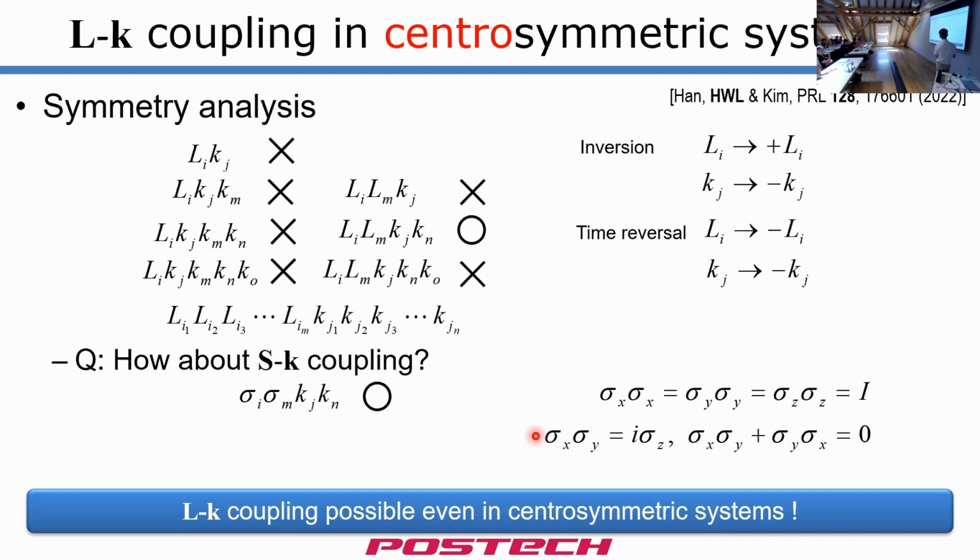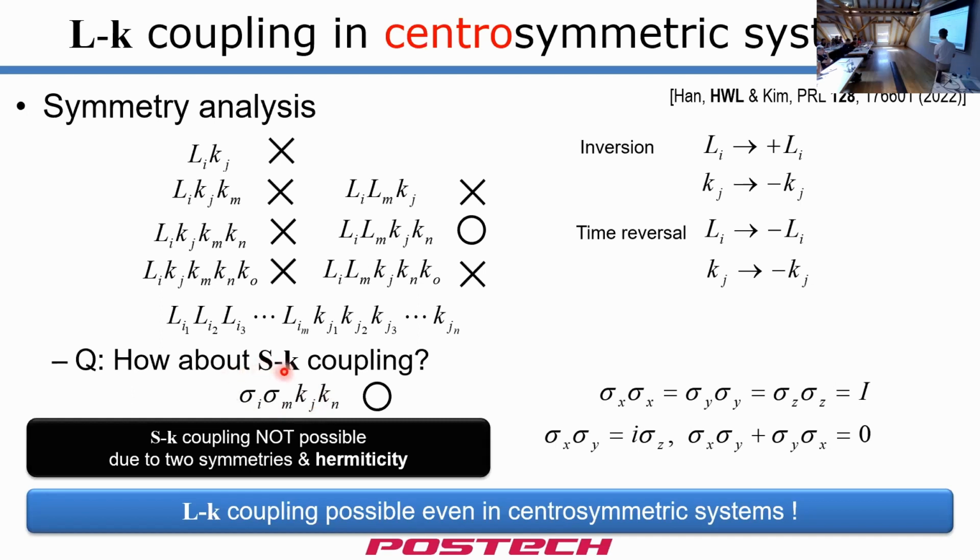If I want to extract only the Hermitian part of this, there is no Hermitian part. So symmetry-wise, this kind of SK coupling is allowed, but all allowed couplings between spin and momentum are anti-Hermitian. To be precise, spin momentum coupling is possible even in a centrosymmetric system, but they are all anti-Hermitian.